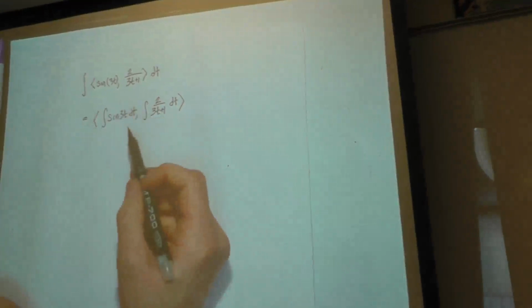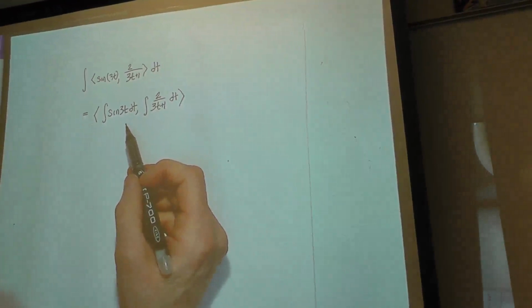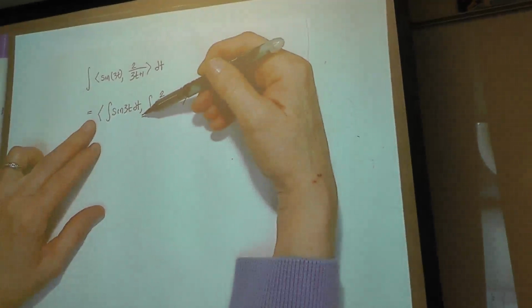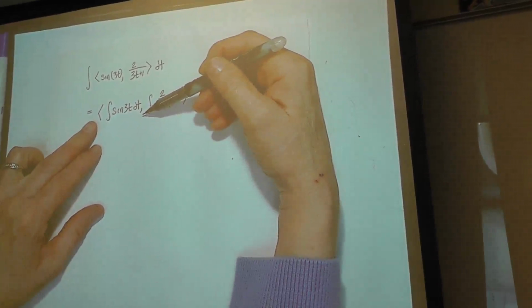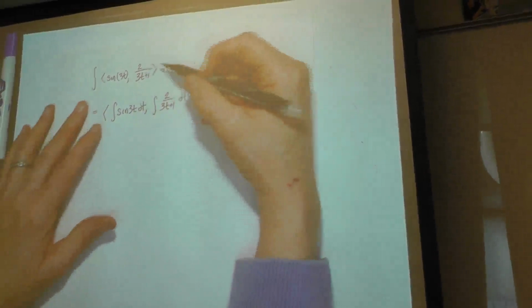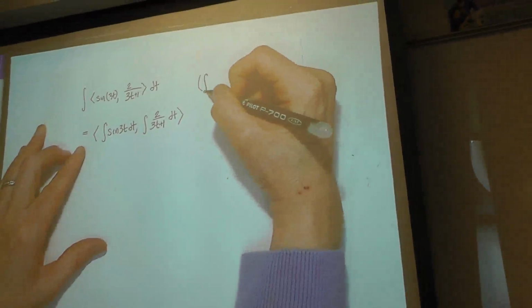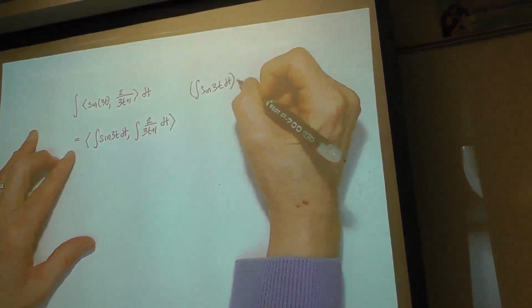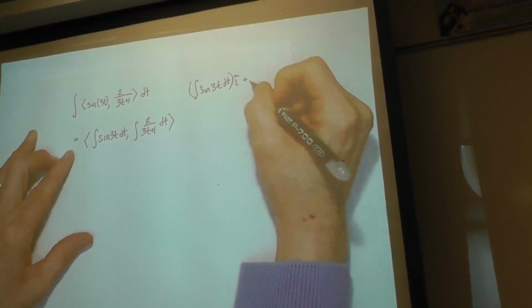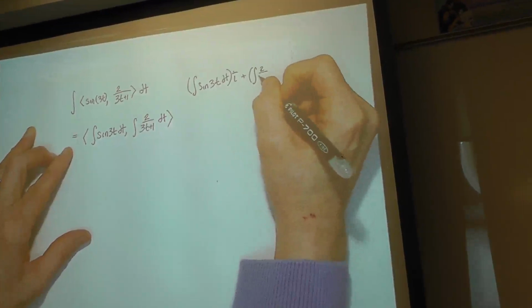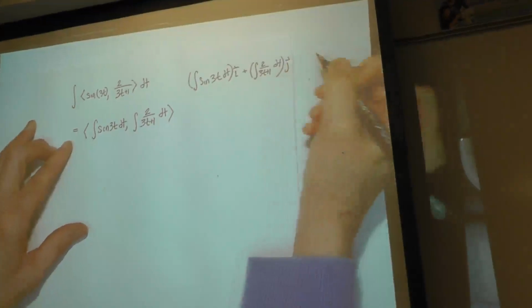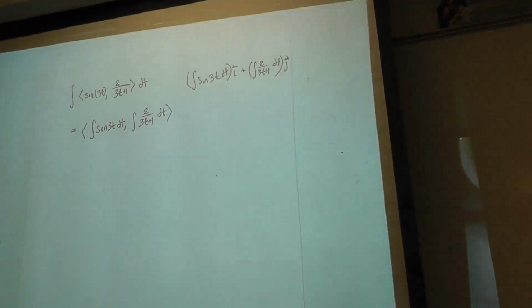Now, it is not necessary to write it out in this detail, but I'm just trying to stress component-wise. You can also observe that this could be written integral of sine of 3t dt times the i component plus integral 2 over 3t plus 1 dt times the j. However you choose to write it out.